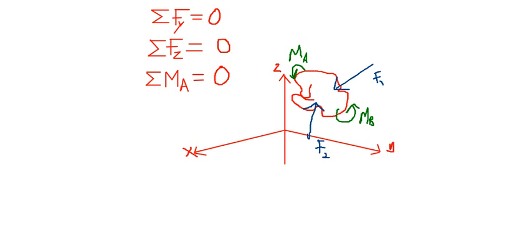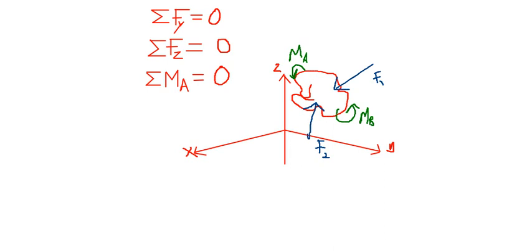F2, as you can see, is a space force. It has a y component as well as an x component as well as a z component. All these forces are in space, even F1, but we'll assume F1 is parallel to the x-axis.